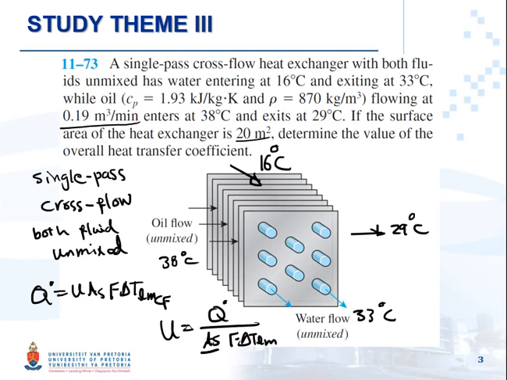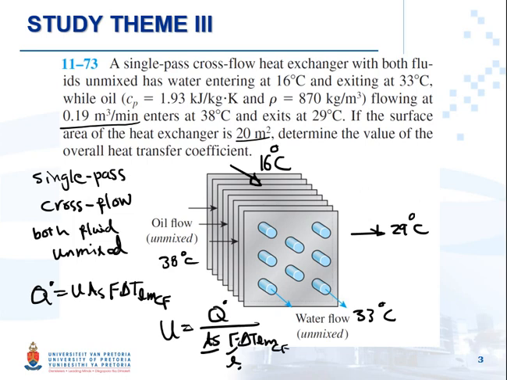So here A_s we have, it is 20 square meters. The correction factor, we don't know if we have to have it, we need to look into it. And the log mean temperature difference for cross flow, but just think about that.